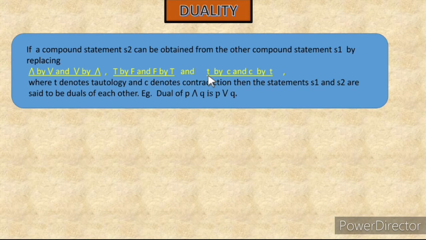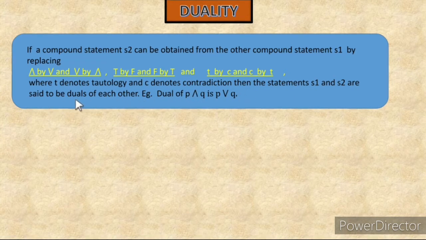Here t and c stand for tautology and contradiction. Then the two statements so obtained are called duals of each other.